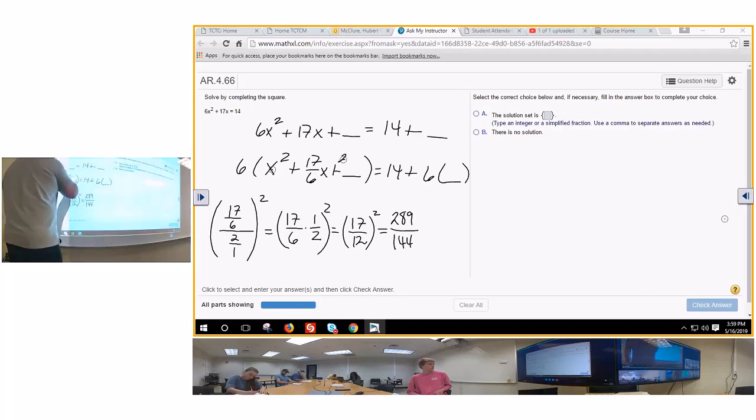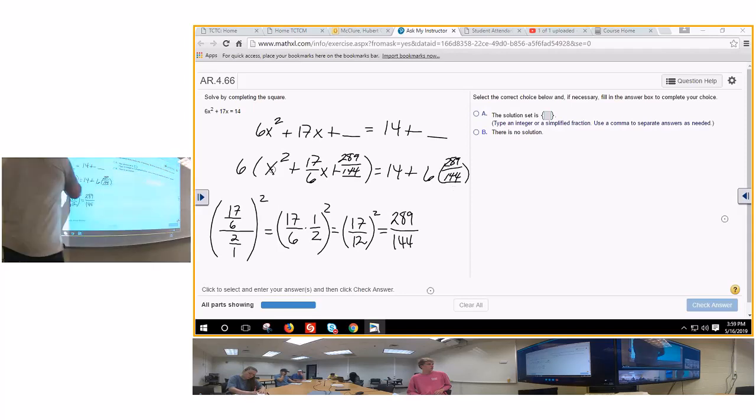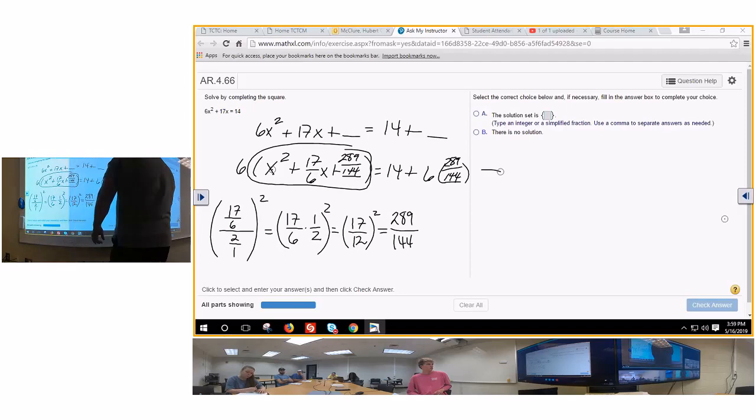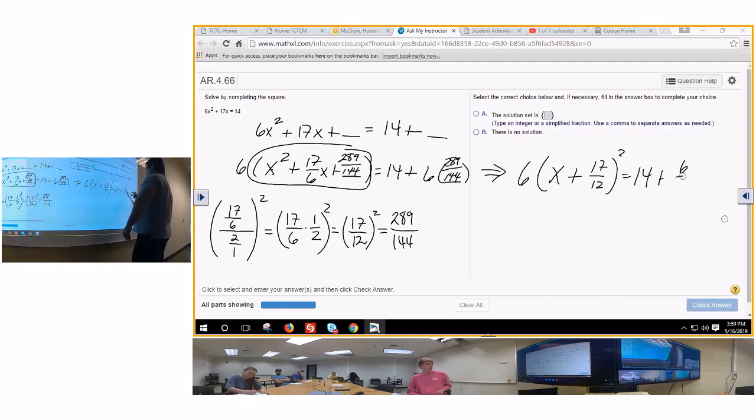So that's 289 over 144. On this side, that gives us shortcut number 1. So that's going to give us 6 times x plus 17 over 12 quantity squared is equal to 14 plus 6 over 1 times 289 over 144.